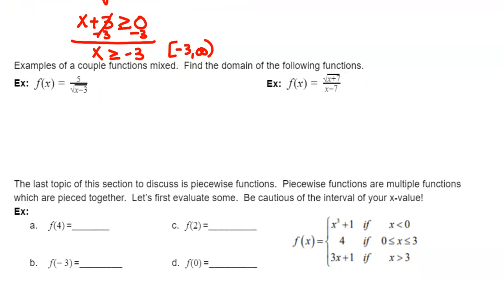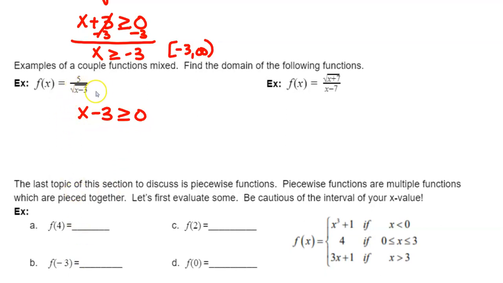Now, for the last of our domains, we're going to mix those things together. Actually, just the bottom two. What happens if I have a square root and a fraction together? Well, it makes a difference if it's in the denominator or in the numerator. So, remember, for a square root function, that x minus 3 had to be greater than or equal to 0. That's if I just had that square root function.